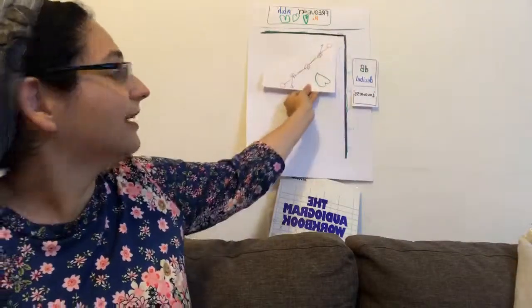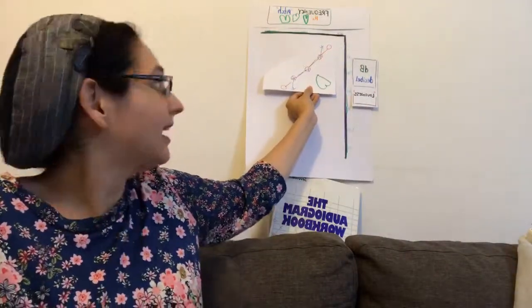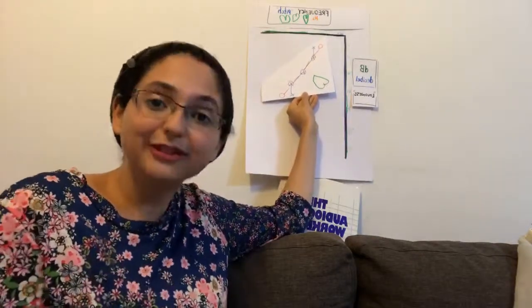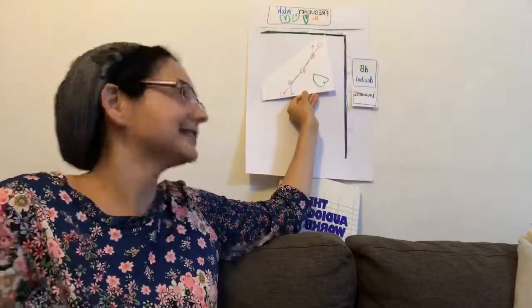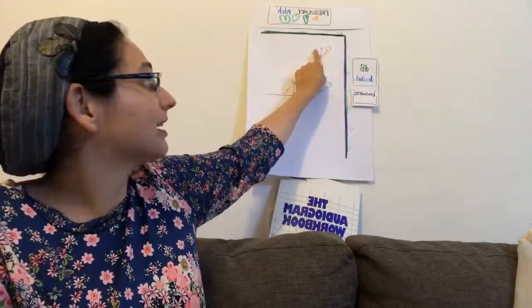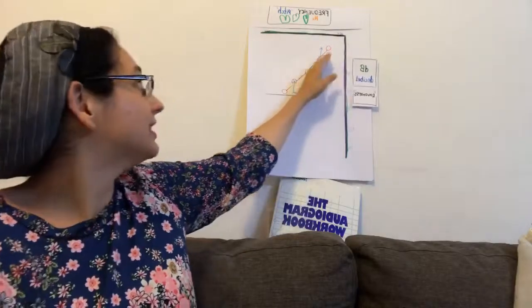But what if you have a sloping hearing loss, meaning that you need to hear the sounds at different volumes for different frequencies? So for this one, the low frequencies are coming in at normal, which is to the left.